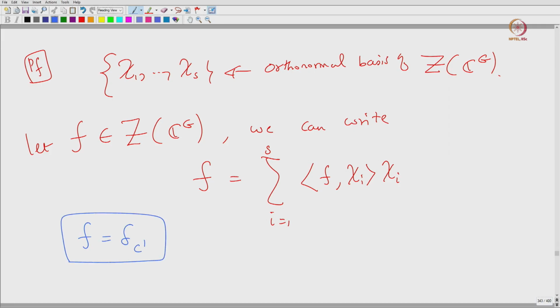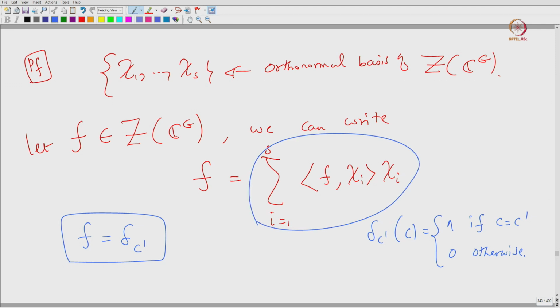Recall that delta C dash is the class function that takes value 1 on C dash and 0 otherwise. Now we can write delta C dash as a linear combination of chi i's with the coefficients being the inner product of delta C dash with chi i.